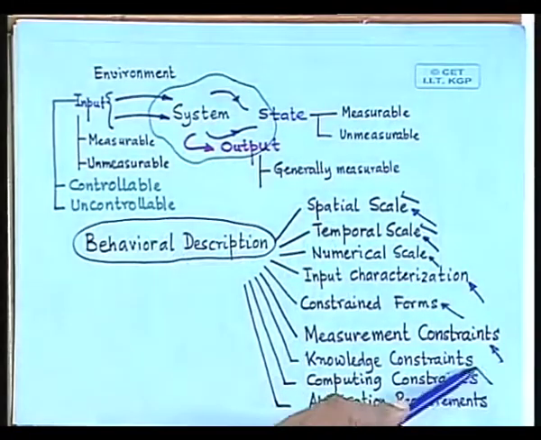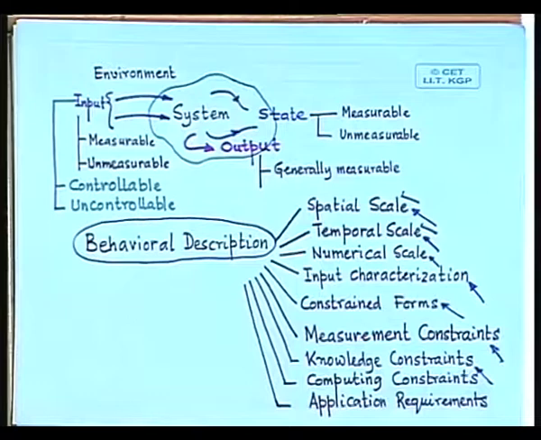Similarly, you may have knowledge constraints, or you may have knowledge advantages. For example, you may already know that a system is stable. If you happen to know it to be stable, I am calling it a knowledge constraint, because constraint in mathematical terms means that it will define a smaller space than the overall space.